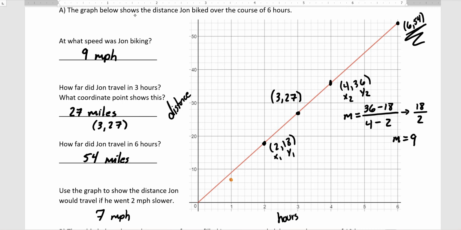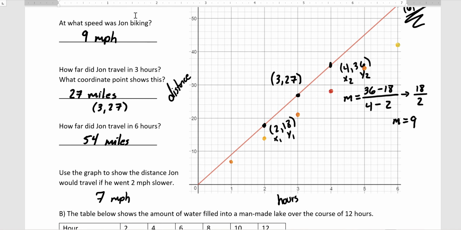So 7 would be right there. Then 2 times 7 would be 14. 3 times 7 is 21. 4 times 7 is 28. 5 times 7 is 35. That'd be right in the middle there. And 6 times 7 is 42. So there are the points of that line.